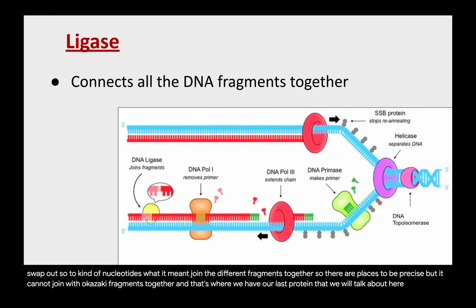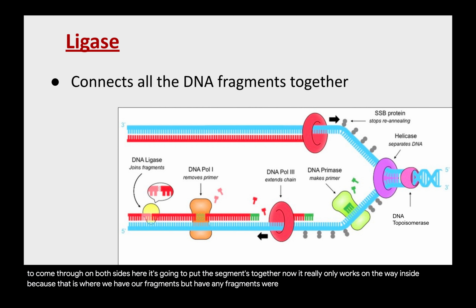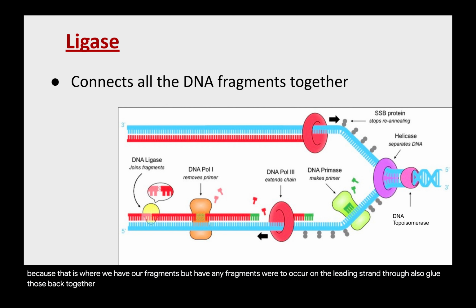Ligase is then going to come through on both sides here. It's going to put these segments together. Now, it really only works on the lagging side because that is where we have our fragments. But if any fragments were to occur on the leading strand, it would also glue those back together. So ligase is connecting those Okazaki fragments together.